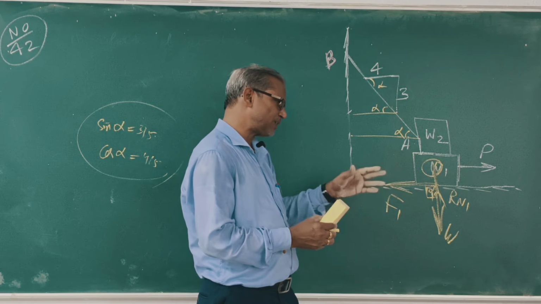Rn1, Rn2, F1, F2, this is P, and weight W1. For block 2, this is Rn2. Clear? This is F2. This is T. Weight W2.